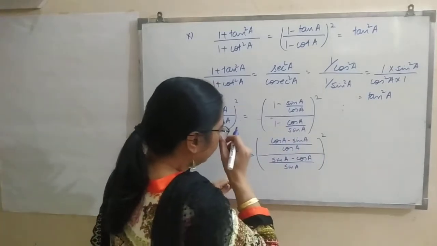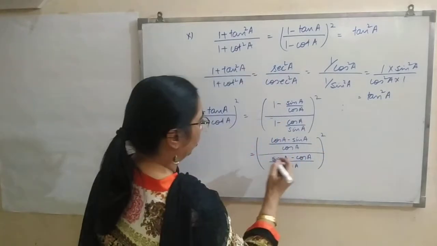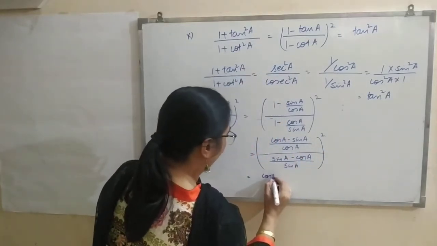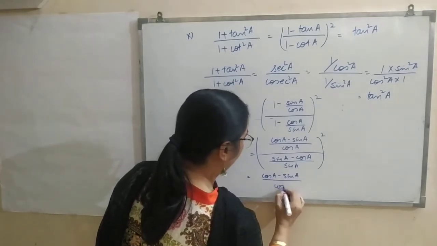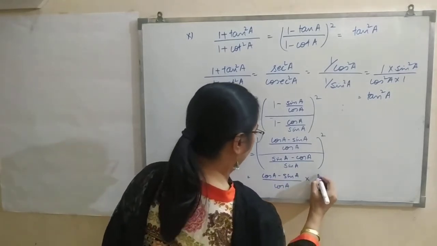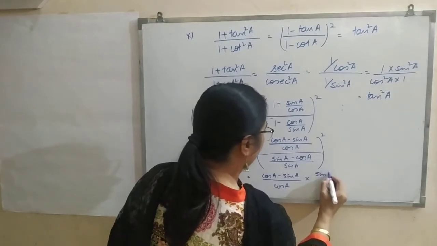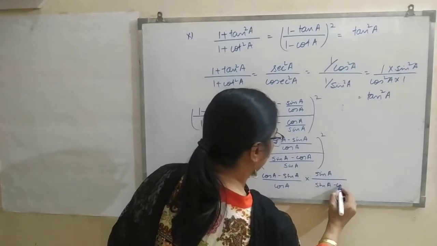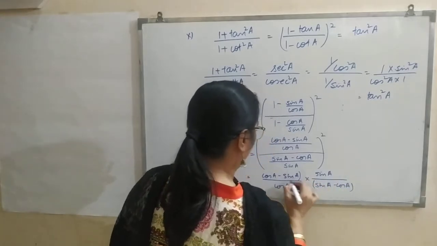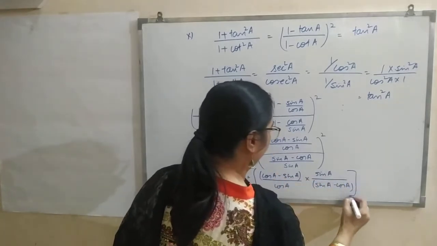Now if I write it in a more convenient way, it becomes (cos A minus sin A) upon cos A, multiplied by sin A, which goes in the numerator, upon (sin A minus cos A), whole square.